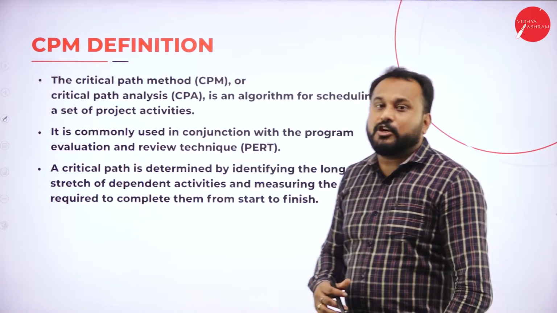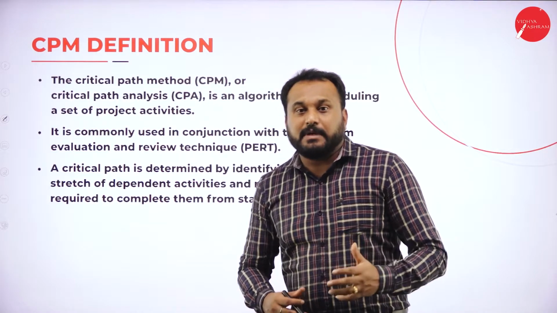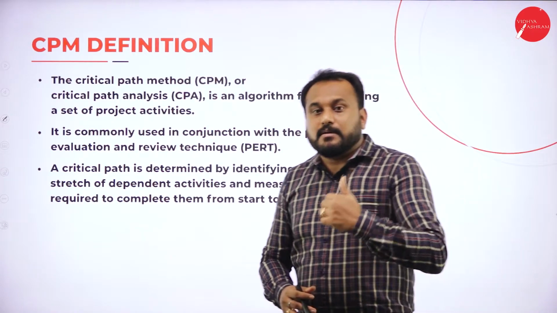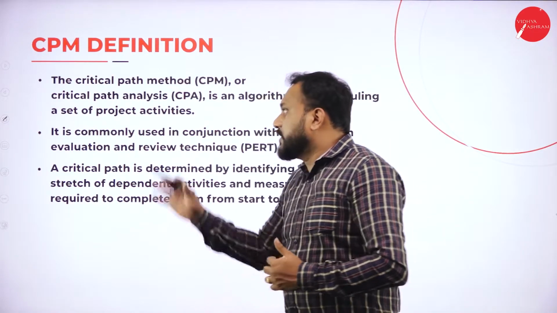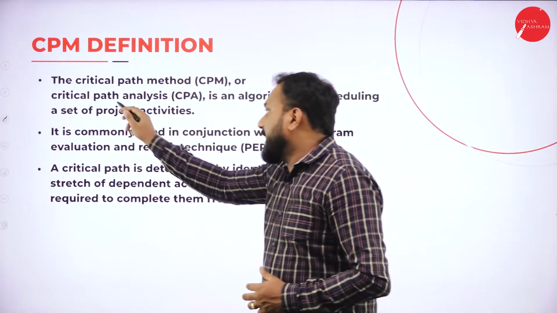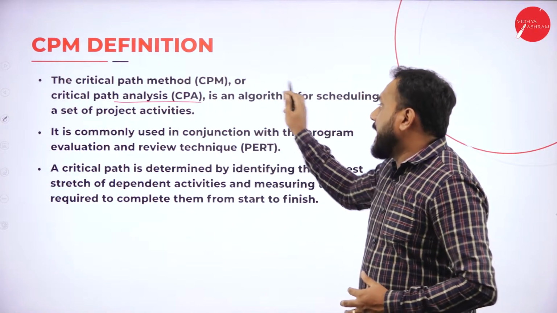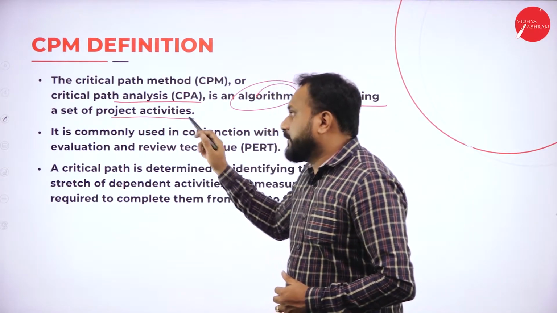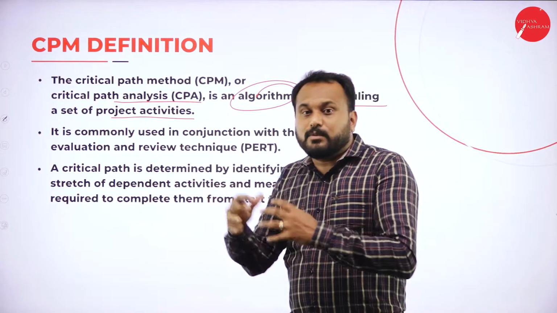Next we have something called CPM. And what is CPM? Critical Path Method. CPM stands for Critical Path Method. Here the critical path method, or critical path analysis, CPA, is an algorithm for scheduling a set of project activity. Just like the Pert, you are supposed to schedule them.